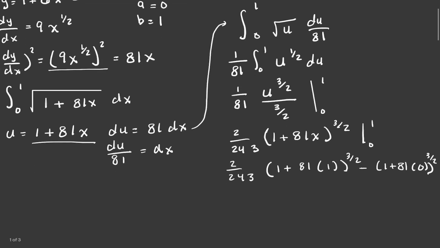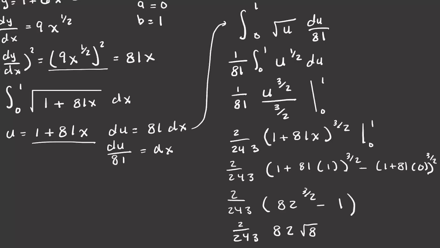So now from here, we get 2 over 243 times 82 to the 3 halves minus 1. This can be rewritten as 2 over 243, 82 times the square root of 82 minus 1.